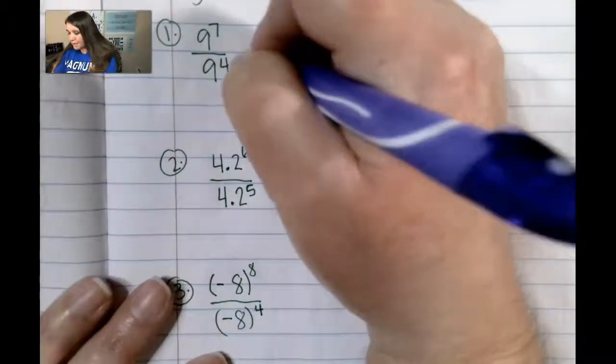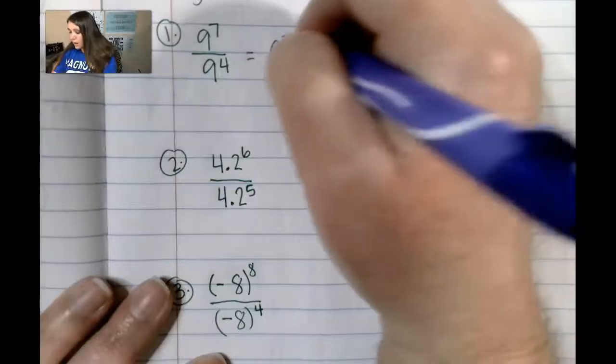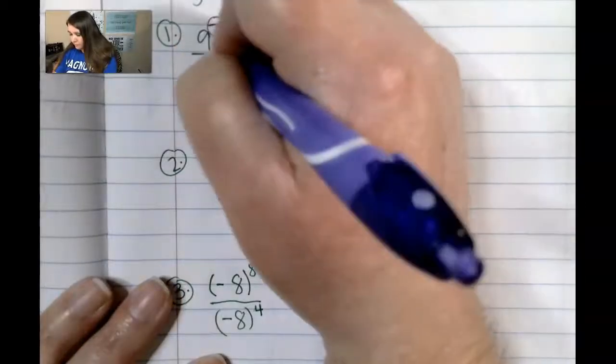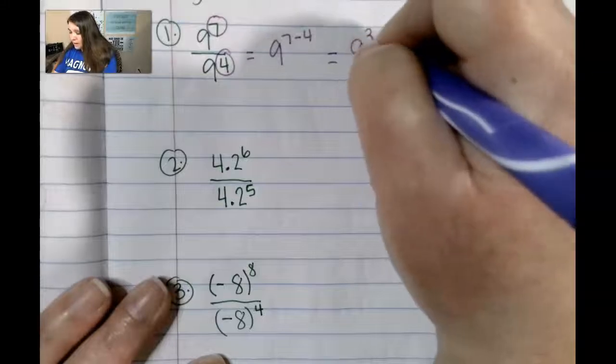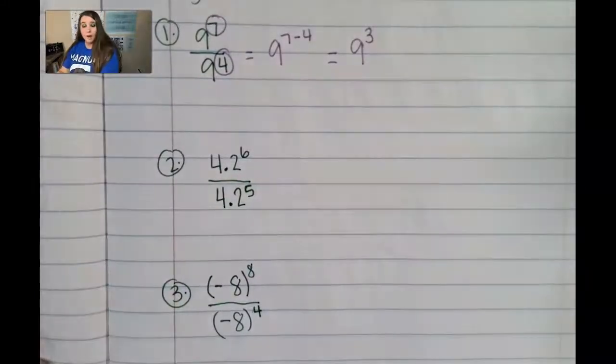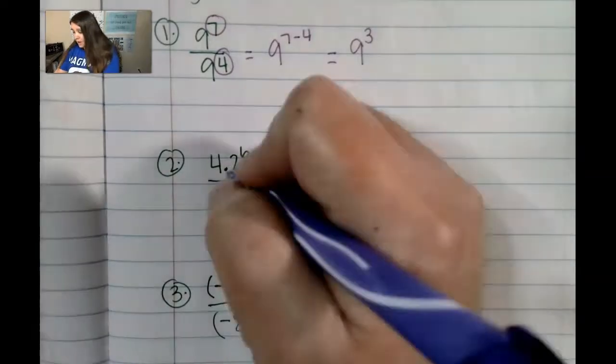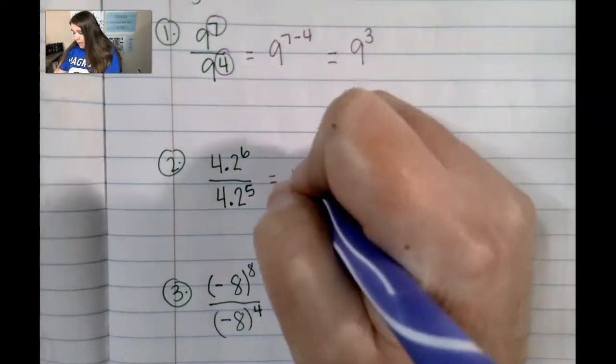All right, so 9 to the 7th, I have a base of 9. I subtract 7 and 4, and my final answer is 9 to the 3rd power. Okay, our next one, I have 4 and 2/10.